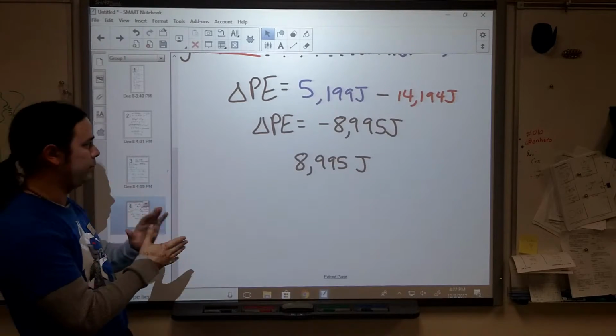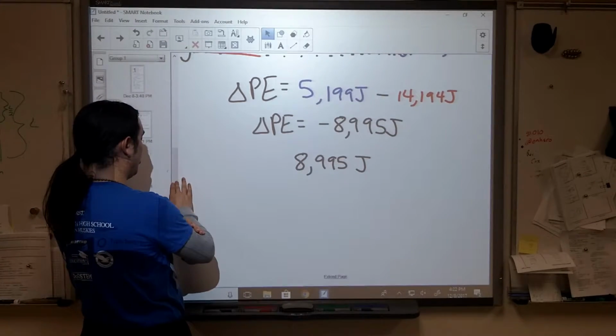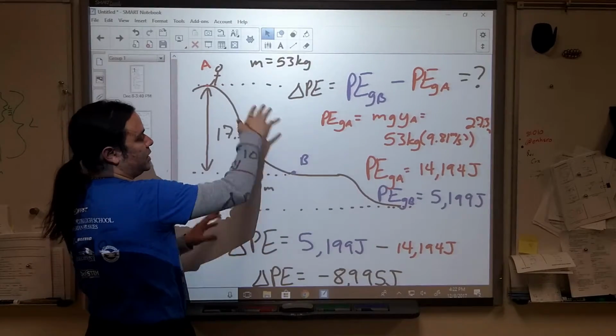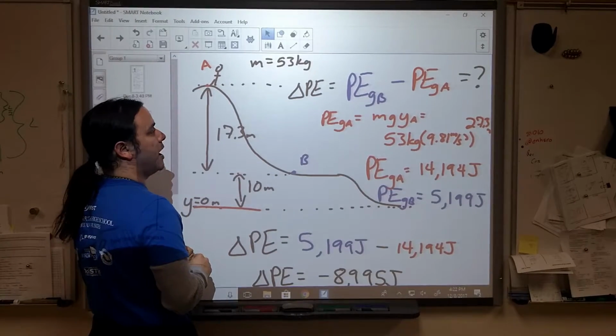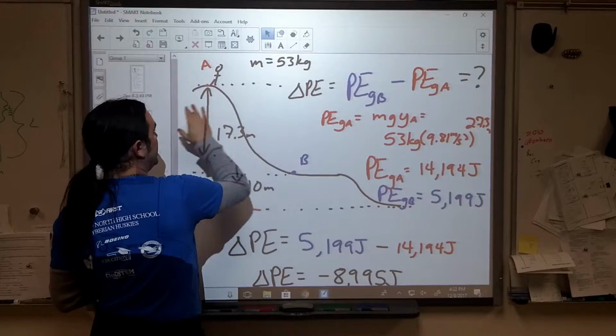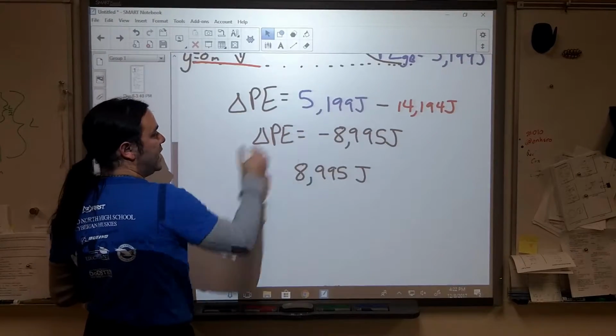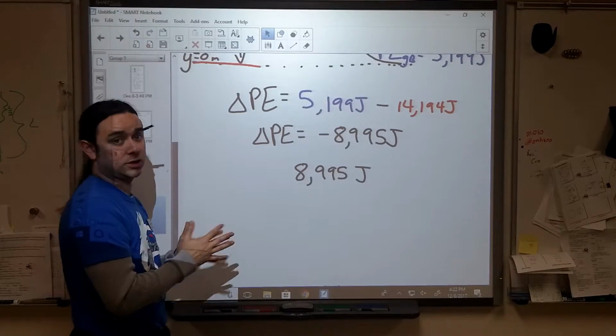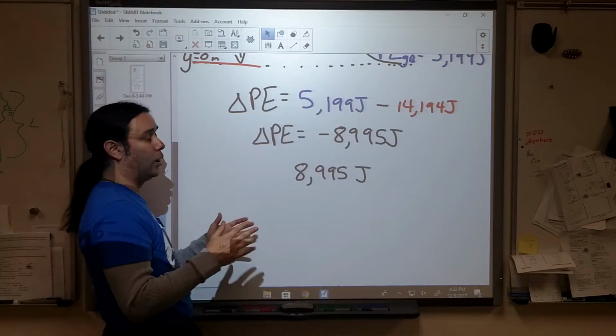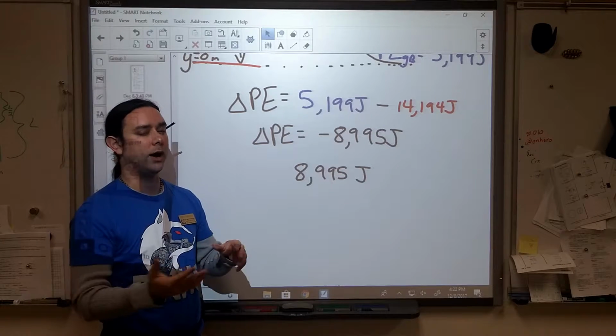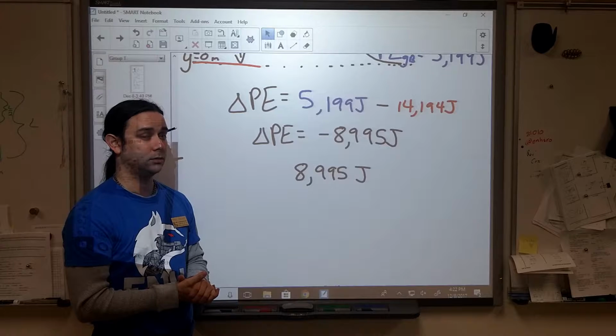But this is perfectly fine. We'll keep 4 for now. This is what we're looking for. We're looking for the change in potential energy. Technically, if I were writing this, I would probably ask for delta PE, and we would have a negative letting us know that we lost gravitational potential energy. Now, a quick side note question, where do you think that energy went?